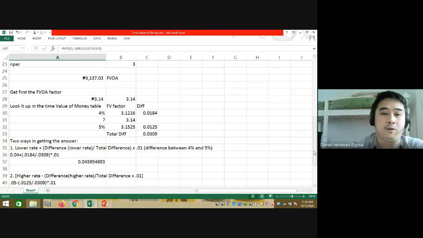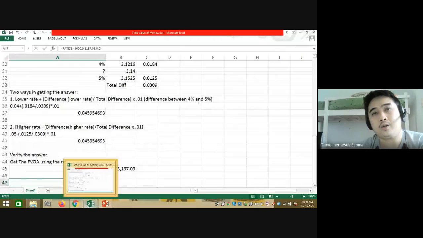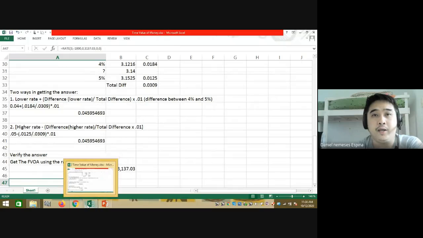Okay, so you have five means on how to compute for the time value of money. You can use your basic calculator.